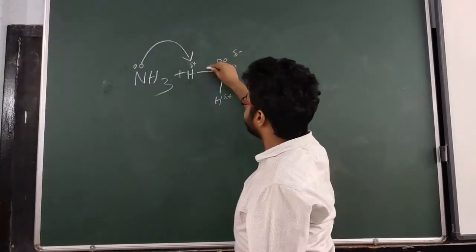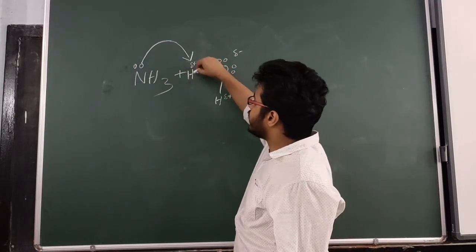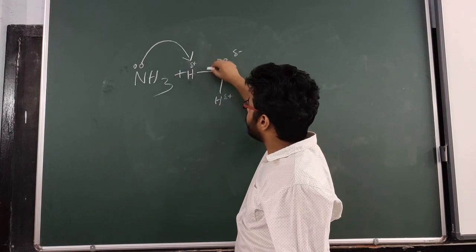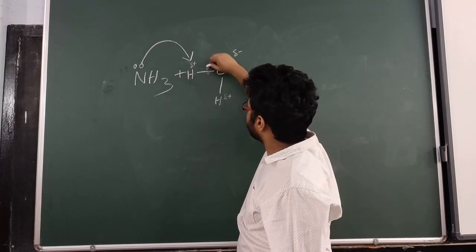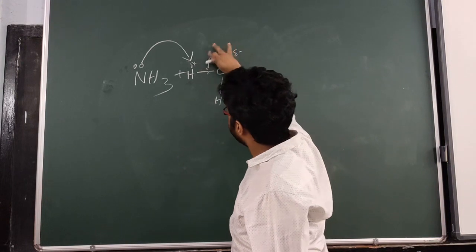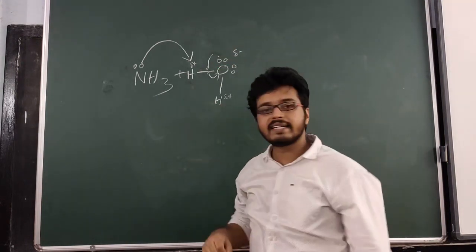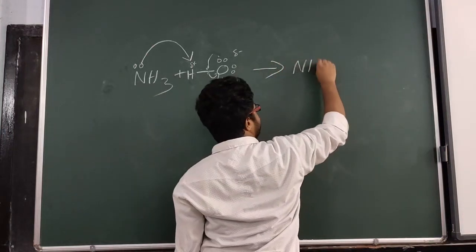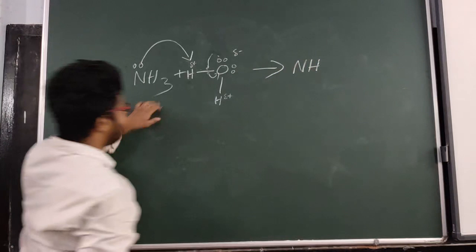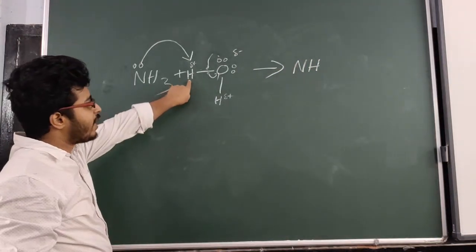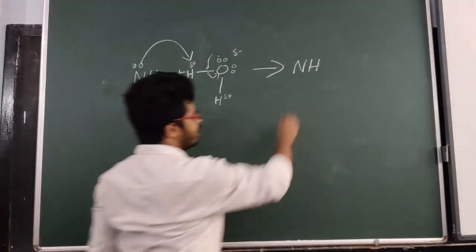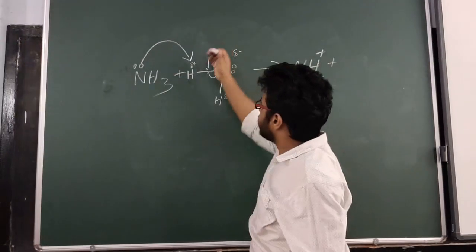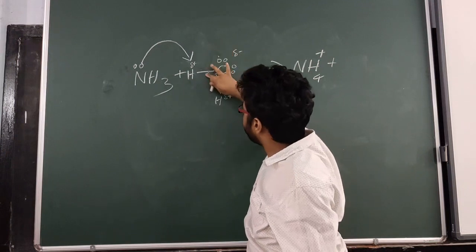So what happens here is, when this lone pair moves towards the hydrogen, the 2 electrons in this bond will shift towards the oxygen atom, and the resultant product is, earlier there was NH3 and it abstracted 1 hydrogen from the water, so it will be NH4 plus, and whatever is remaining. So this was our water.